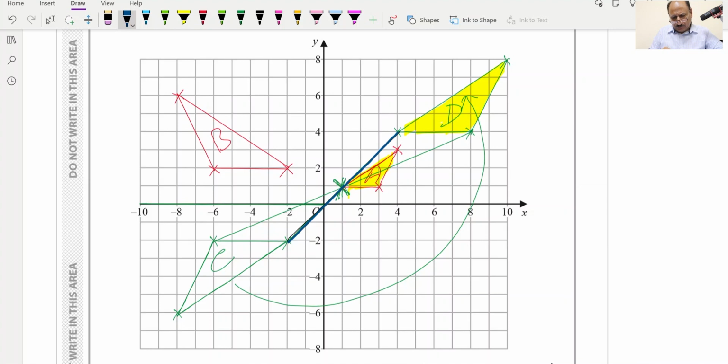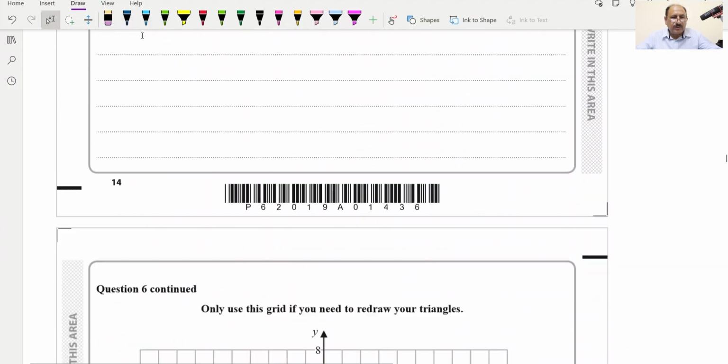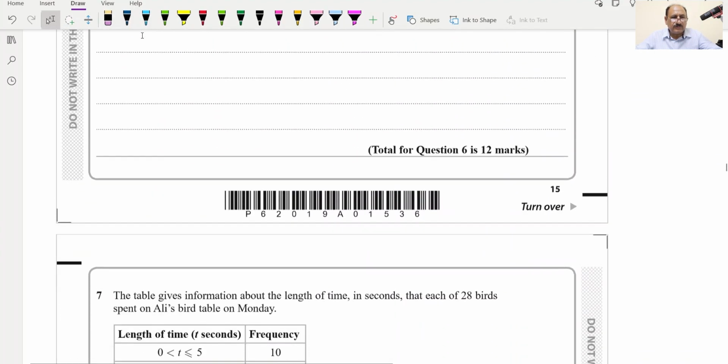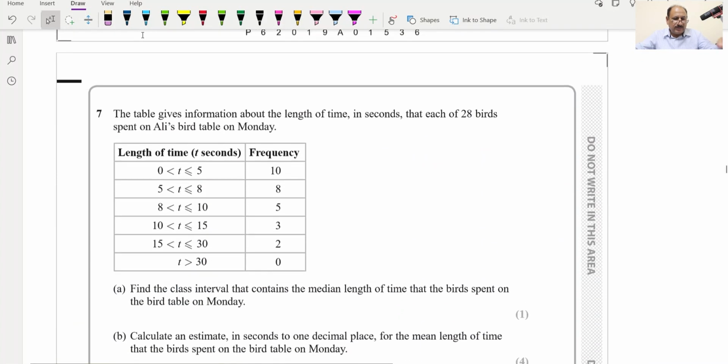Basically this is -2, so we can join these points as well. And the third point also, from the middle we can join, and from the middle will be this one. So this is how we can check for the center of enlargement also. Hopefully you understood this question as well. And next we can move to the next question, which is question number 7.